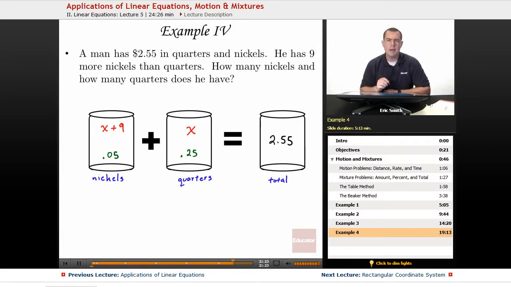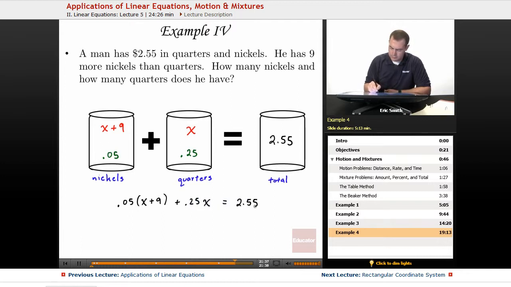All right, let's go ahead and build our equation. So 0.05 multiplied by the amount, x plus 9, plus 0.25x equals $2.55. Well, this one's similar to the previous one. It has lots of decimals running around, and I want to get rid of a lot of those decimals.